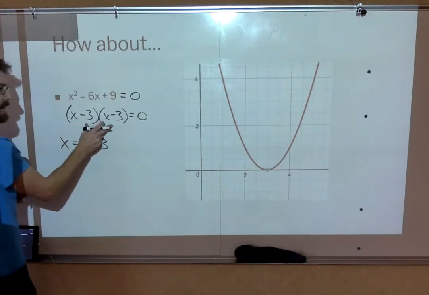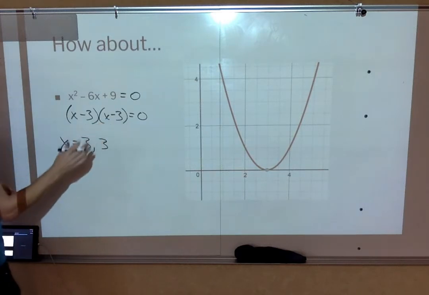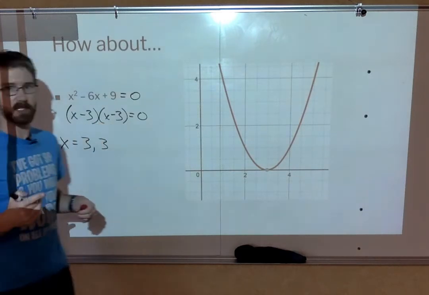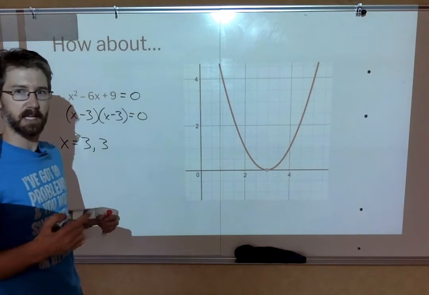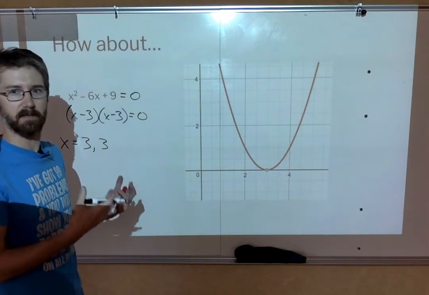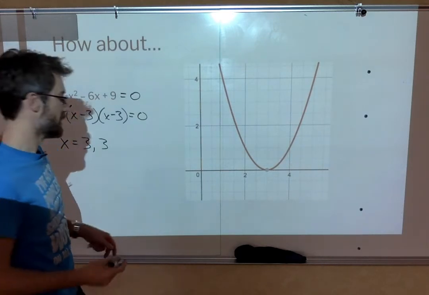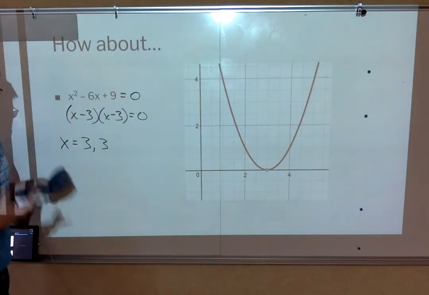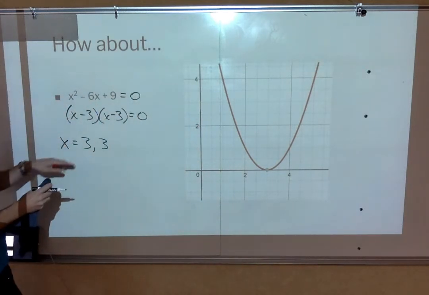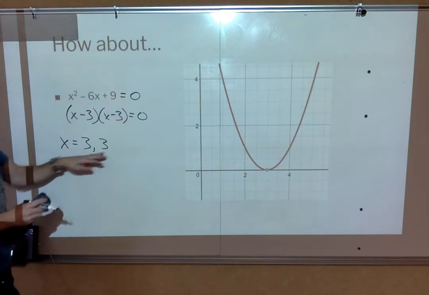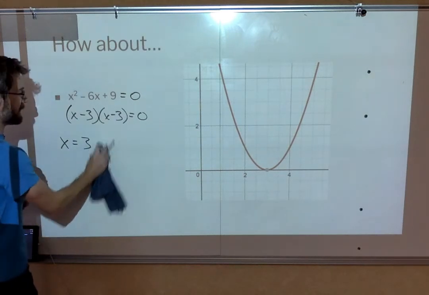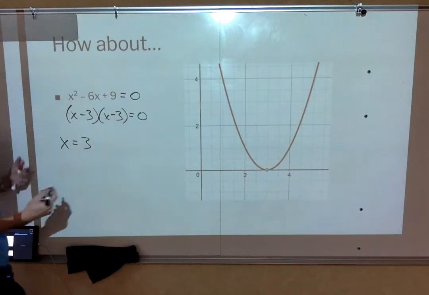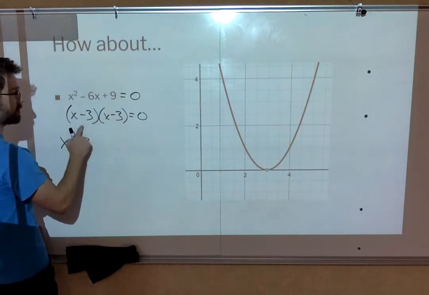Whenever a factor repeats and you end up with the same number solving multiple factors, that's called that solution's multiplicity. So from here on out, we're going to include multiplicity in our answers, and we wouldn't answer like this, 3 and 3. What we would say is 3 with a multiplicity of 2, because there are 2 of them.